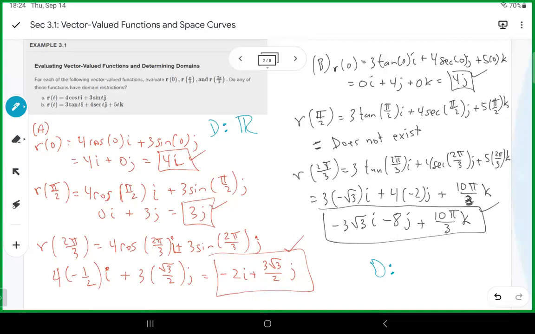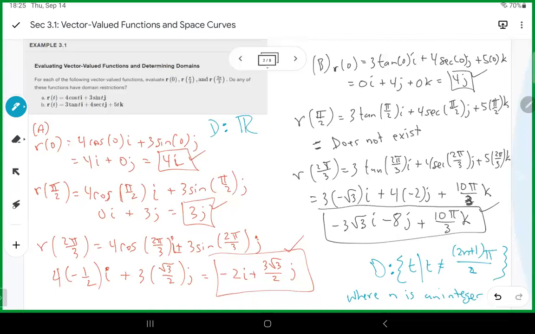So therefore, our domain here would be t such that t is not equal to 2n plus 1 times pi over 2, where n is an integer.